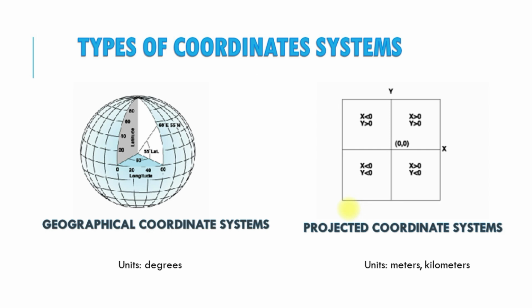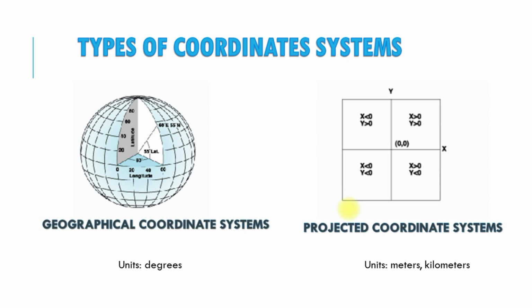There are two types of coordinate systems: geographic coordinate systems and projected coordinate systems. Geographic coordinate systems are 3D, also called 3D coordinate systems, and units are measured in degrees, while projected coordinate systems are also called 2D or Cartesian coordinate systems, and units are measured in meters and kilometers.